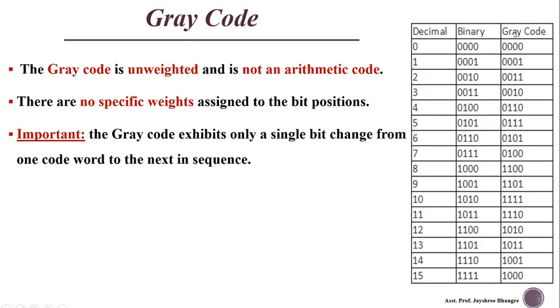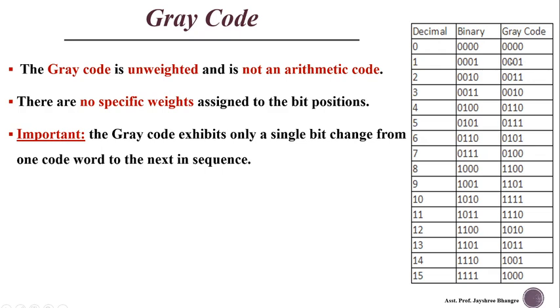So in binary, to represent the next code word in a sequence, multiple bits can change. But in a gray code, to represent the next code in a sequence, there must be a single bit change. For example, here 0000 is given. To represent the next code in the sequence, only one bit is changed, that is, the LSB 0 changes to 1.